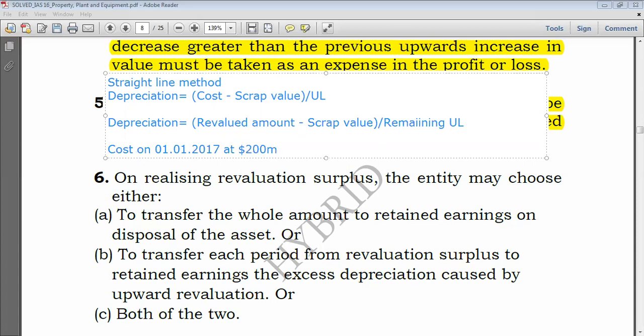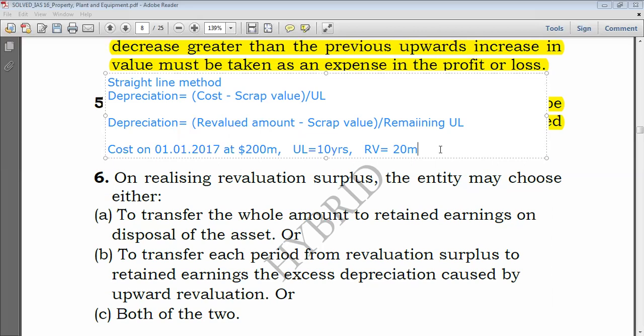And at that date, the asset had a useful life of, let's say, 10 years, and a residual or scrap value of 20 million. That means at the end of 10 years, we could recoup 20 million from selling it. So let's say this is the case.